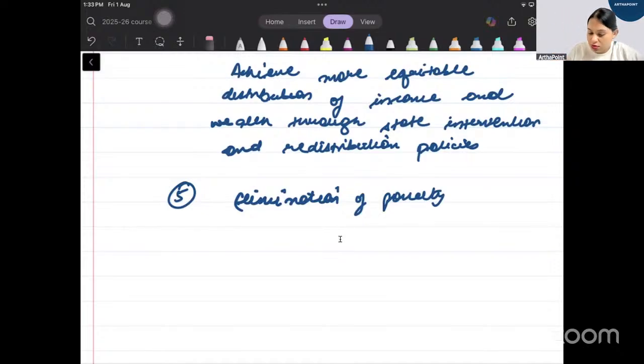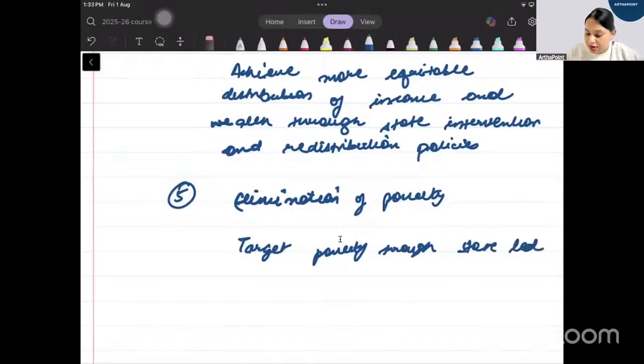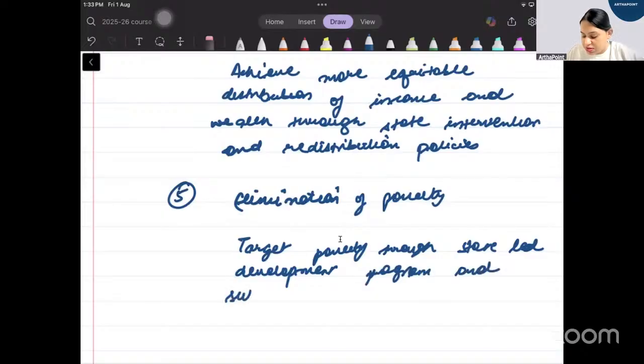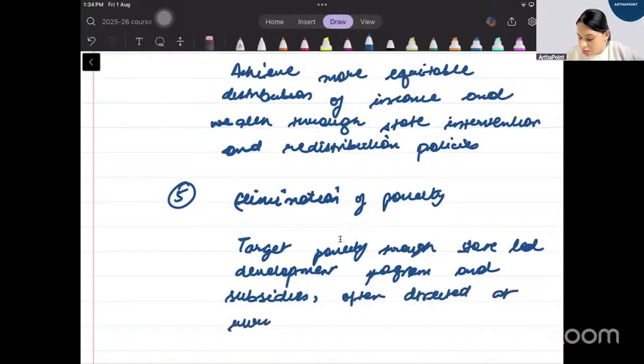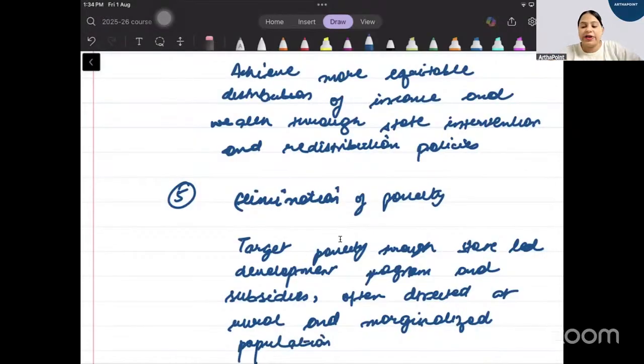Right? So please write down. Target poverty through state-led development programs and subsidies, often directed at rural and marginalized population, right?